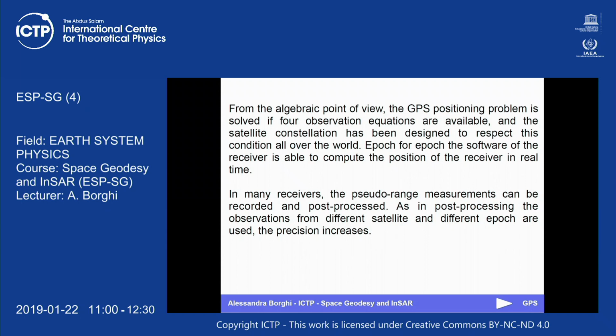Yes, in many receivers we can record the observation, and we can process the observation later when we arrive in your office, and you can process the data. So in this case, if you have a fixed point and you don't have 4 observations simultaneously because you have an obstacle, you can overcome the problem of the synchronization using more epochs, more observations.